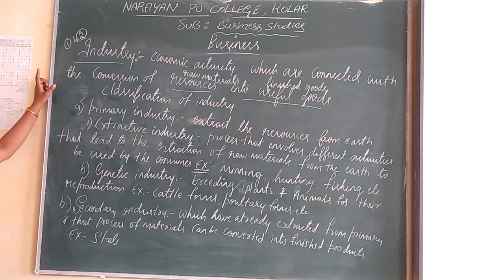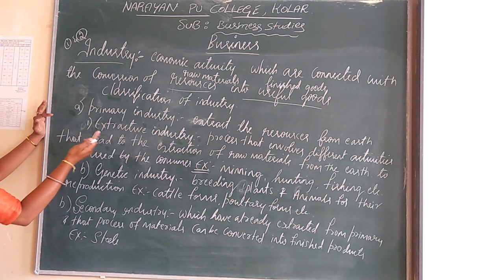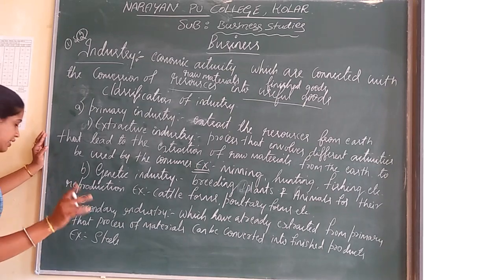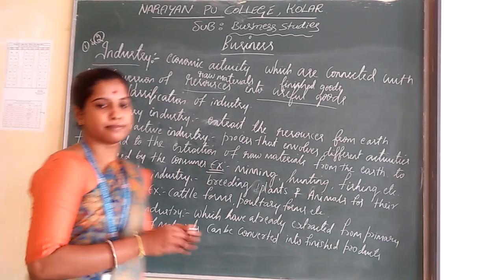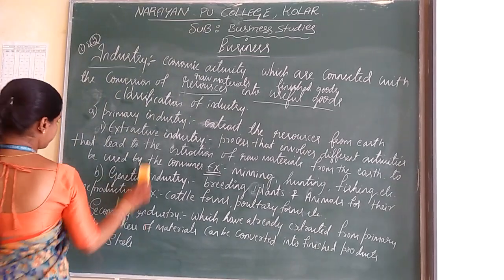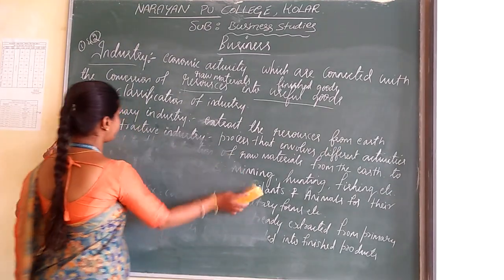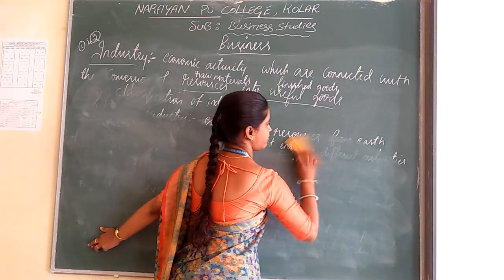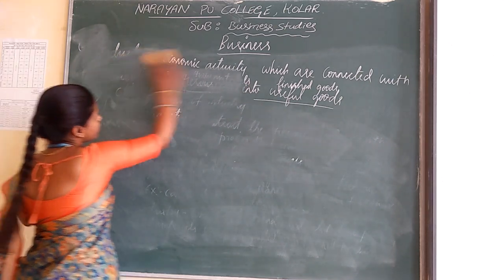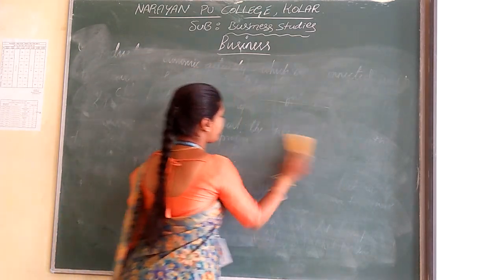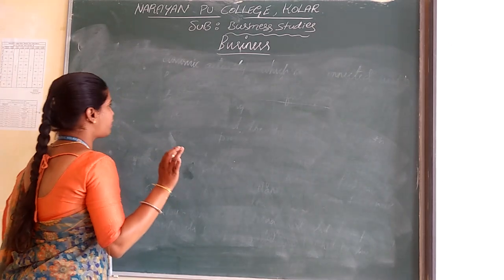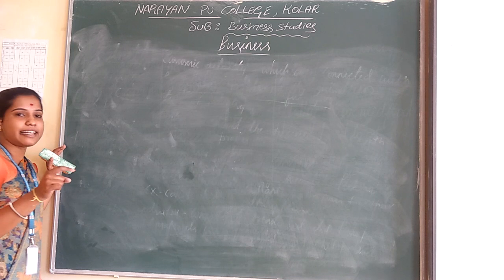Here the industry can be broadly classified into two types: first primary and secondary. Primary can be broadly classified into two types, and secondary can be broadly classified into two types. The secondary industry is broadly classified into two types.